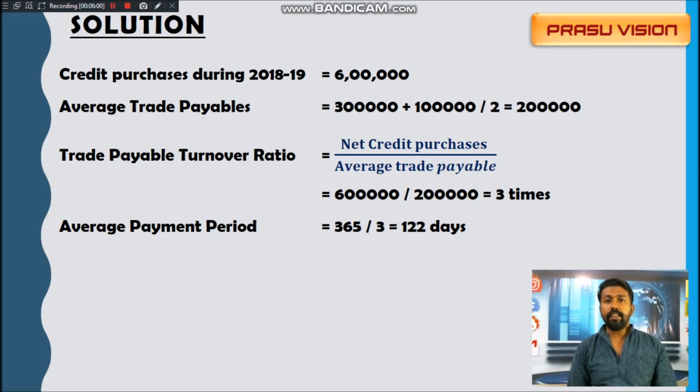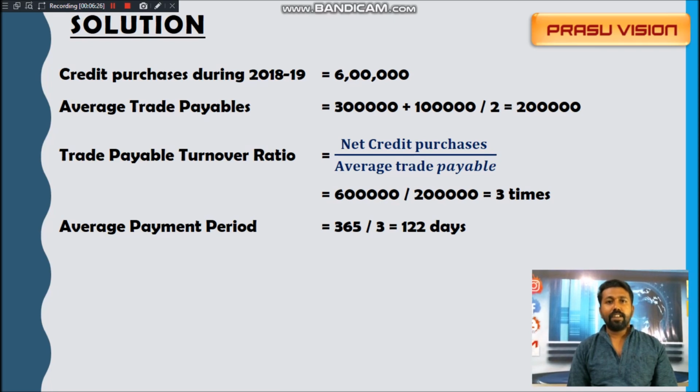It is very easy: the number of days in a year divided by the trade payable turnover ratio. So 365 divided by the ratio, 3 times, gives us the value of 122 days. I think it is very clear. It is very simple to calculate this ratio, so it is easy to remember also.